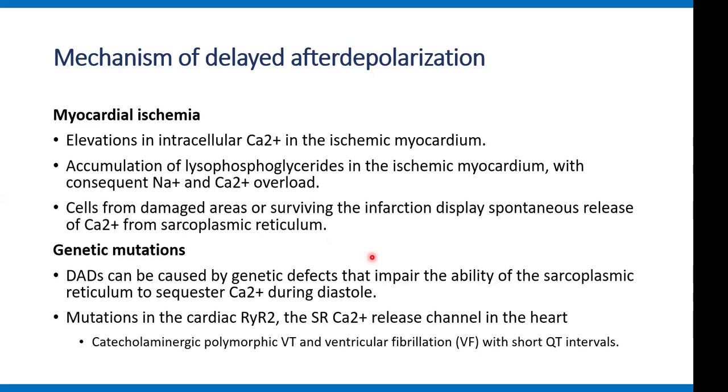It is also known that ischemic myocardial cells tend to have calcium released from the sarcoplasmic reticulum, and that also leads to this. And then the catecholaminergic polymorphic VT I mentioned, from ryanodine receptor defects.